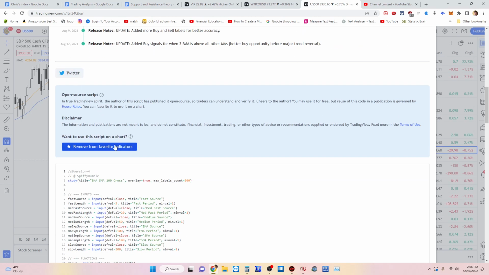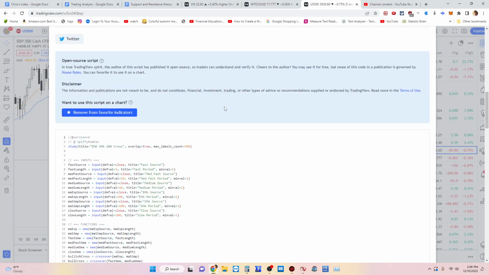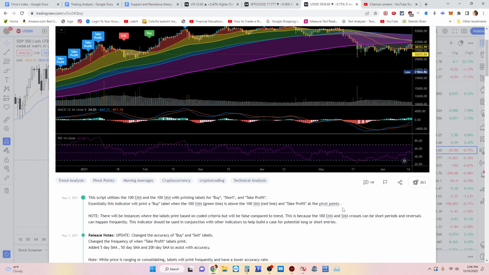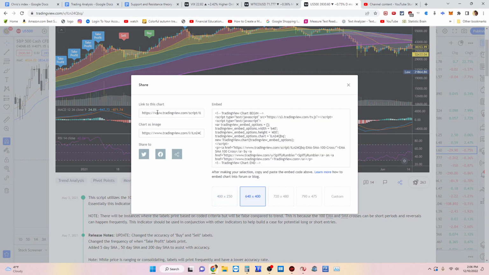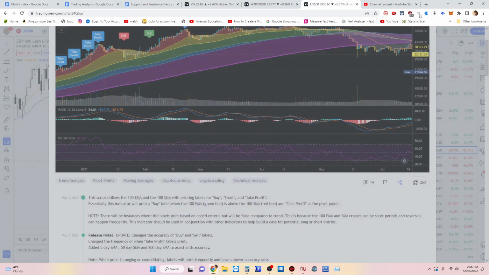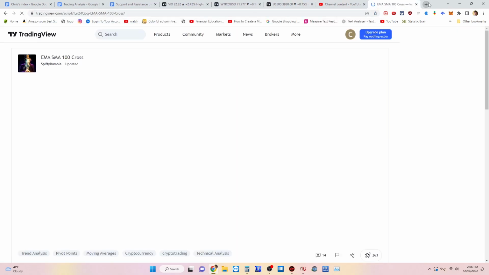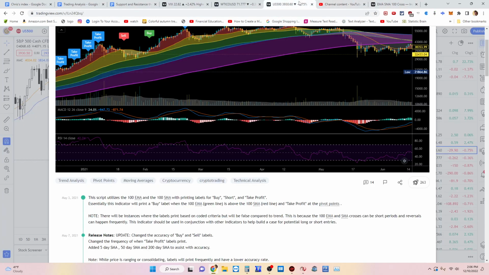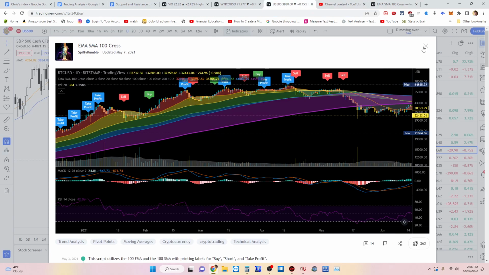Spiffy Rumble. Let's see if I can open up the page of this. Share. Boom, there it is. So that's the indicator I like to use, and then the moving average channel.